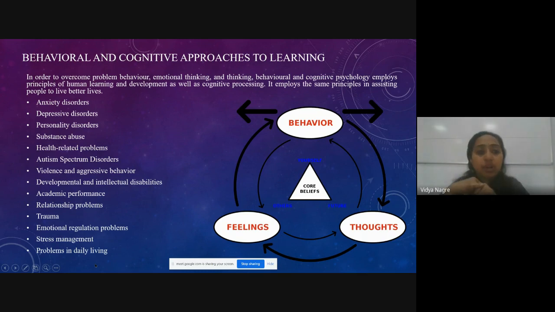Basically, when we talk about behavioristic theory or approach to learning, it means giving a kind of stimuli which may cause change in the behavior of a person. For example, a certain child, while giving a presentation, let's say communication skills, has a body language issue. For example, posture is not appropriate.